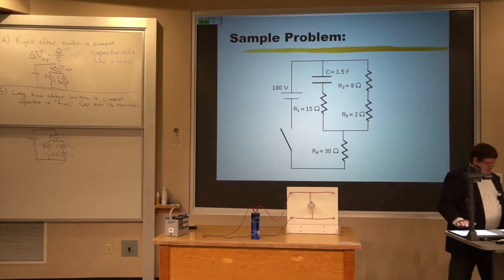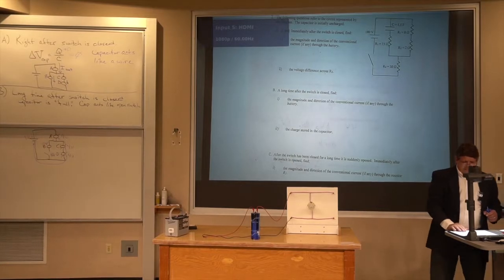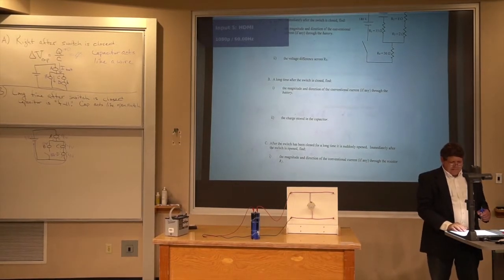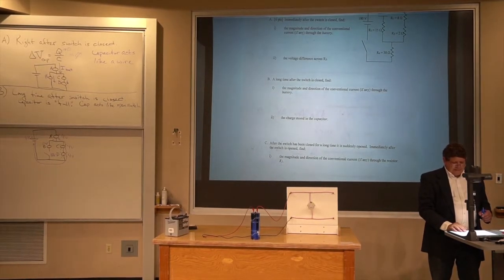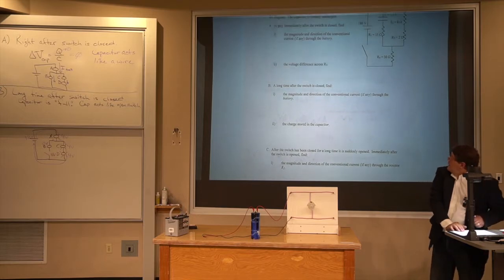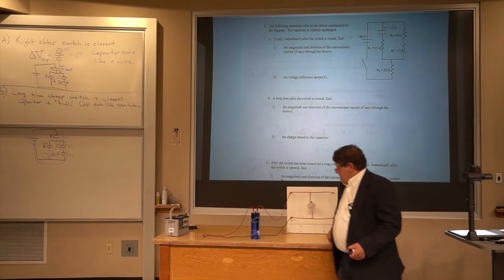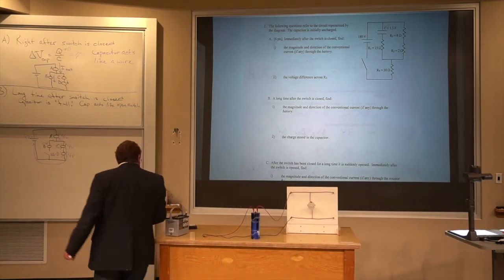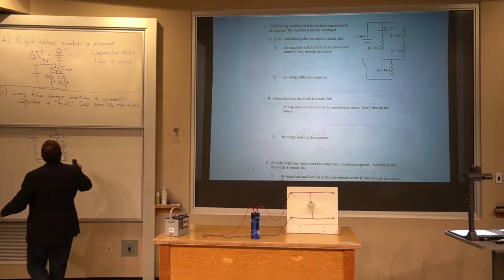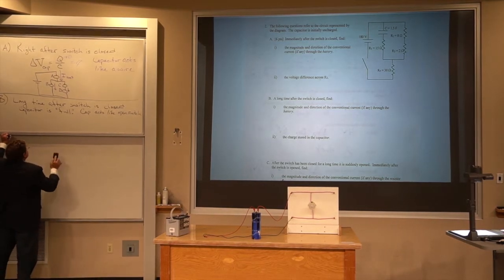So let's finish up by looking at this circuit here. Now, because we're always talking about the same times, I'm going to be able to use a lot of what's on the board here.